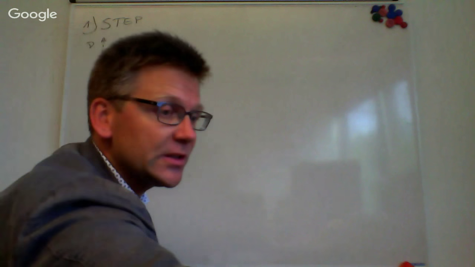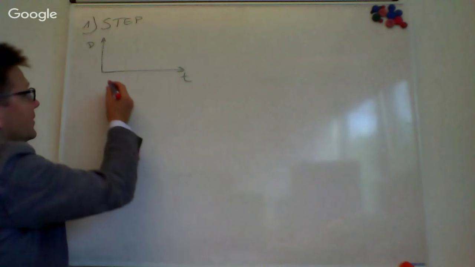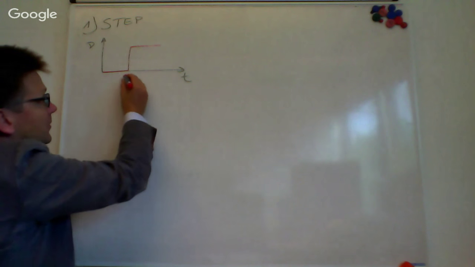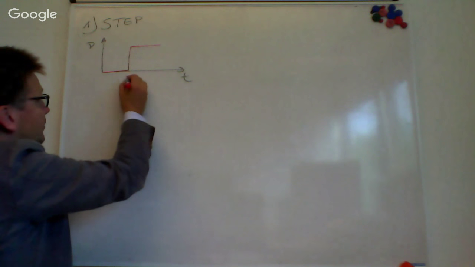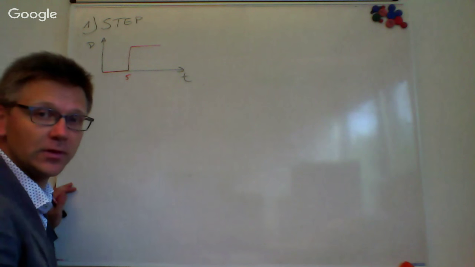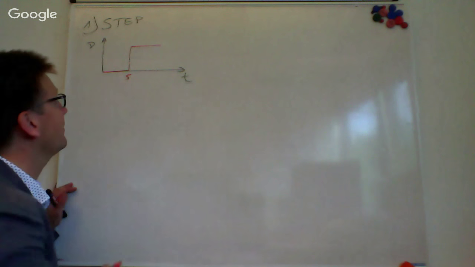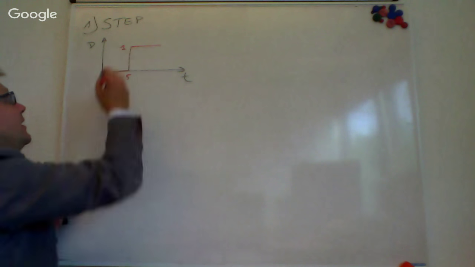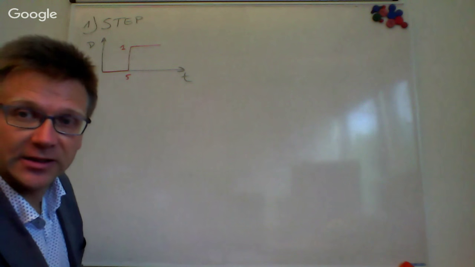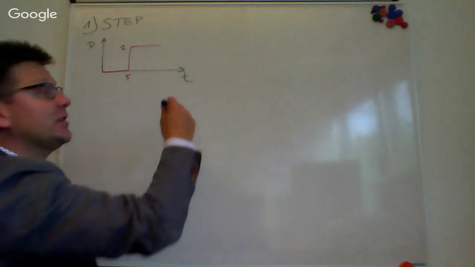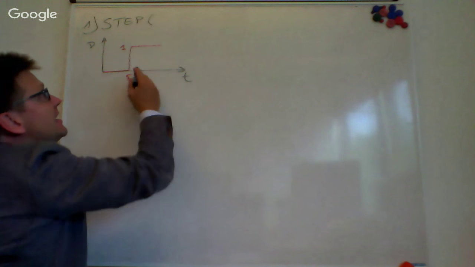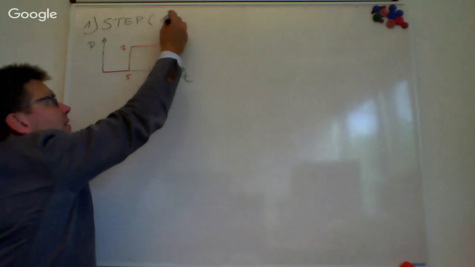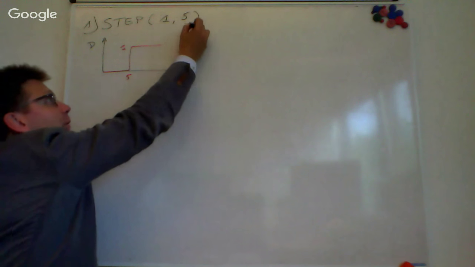So say, for instance, that I want a step up at moment 5 in the simulation model, this is time, and I want to step up to the value 1, then I would write this in a particular auxiliary variable, for instance, as step with the value 1 at moment 5.